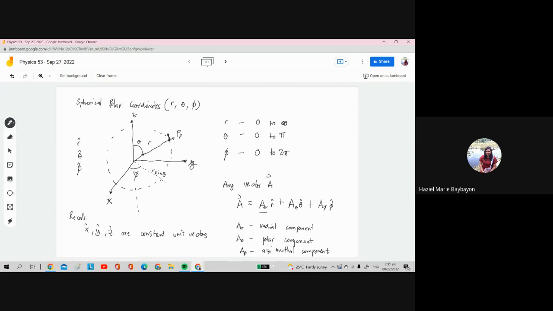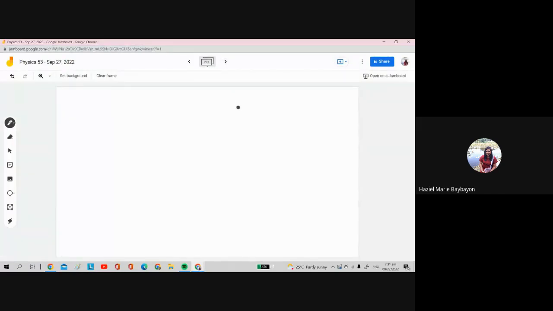All right. Now, in terms of the Cartesian unit vectors, we can express this. So, pwede na siya ma-express in terms of the Cartesian unit vectors. Okay. So, r hat is equal to sine theta cosine phi x hat. It has three terms. Sine theta, sorry, this is theta, class.